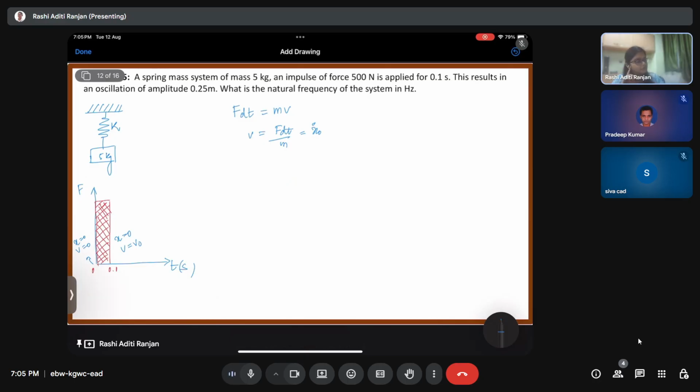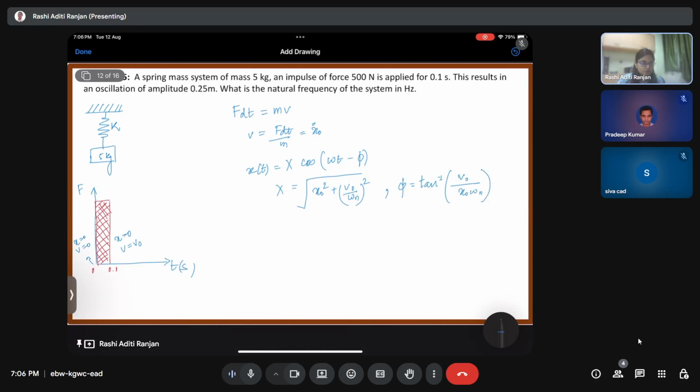So the analytical solution was assumed of the form x cos of omega t minus phi, where x was the square root of x naught square plus (v naught by omega n) square, and phi was tan inverse of v naught by x naught omega n, right? So if we use this in this equation, what are we going to get?